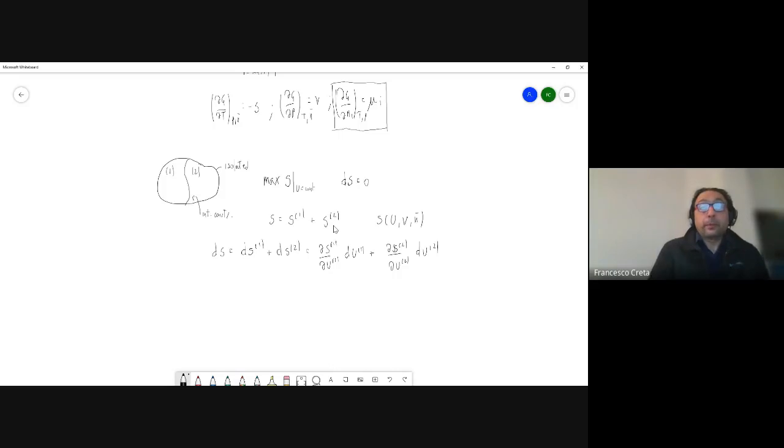And if you remember, dS by dU is 1 over the temperature. So we have temperature 1 here, and this is 1 over the temperature 2.